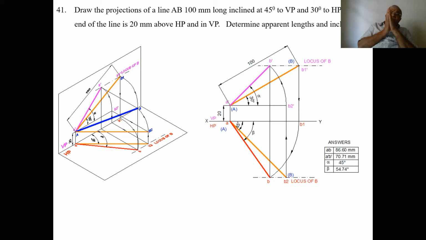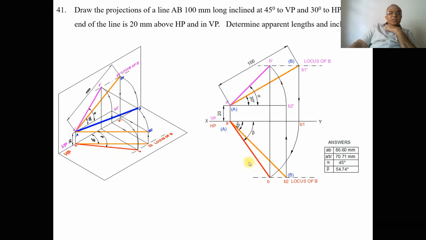To find out the top view and front view, first we're going to consider the top view now. We know that A is above HP by 20 mm. So B1, B2 should also be above HP by 20 mm. So that is the line which is true length, which is parallel to HP. Since it is parallel to HP, when it is projected, you are going to get the true length in HP.